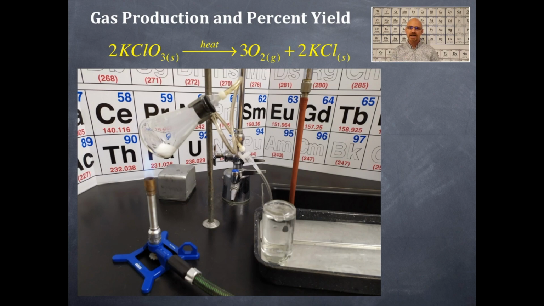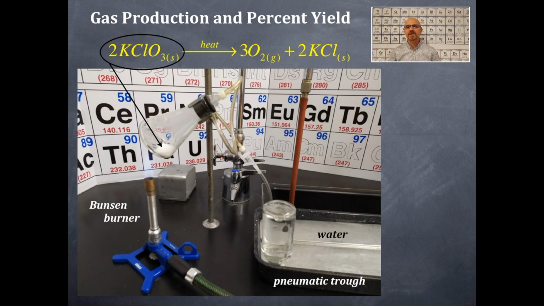So you should see this setup right here. I got that Bunsen burner moving. That potassium chlorate is inside my Erlenmeyer flask there. There's the Bunsen burner. Okay, this is a pneumatic trough, and there's water in this trough as well as in that container, that jar that's there.